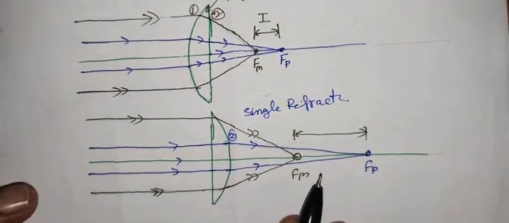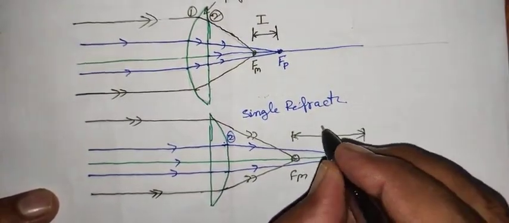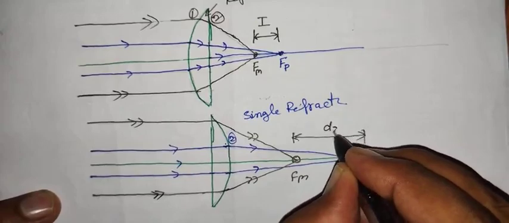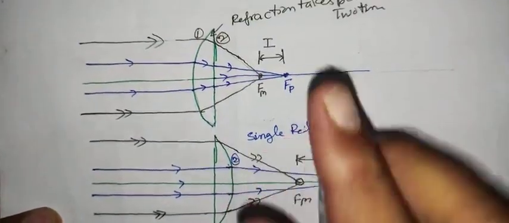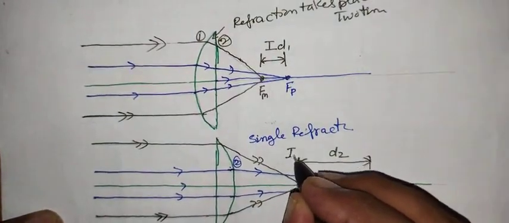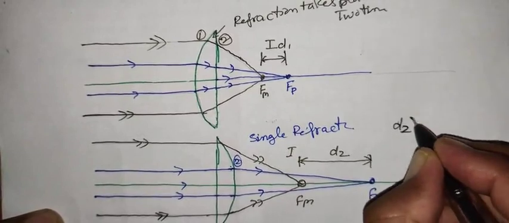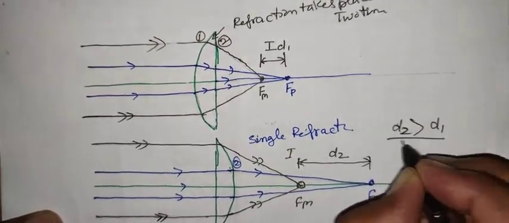See, in the second process, the aberration is more. Let this aberration be D2, and in the first case, when the image is formed, it is D1. Here, this aberration D2 is greater than D1.